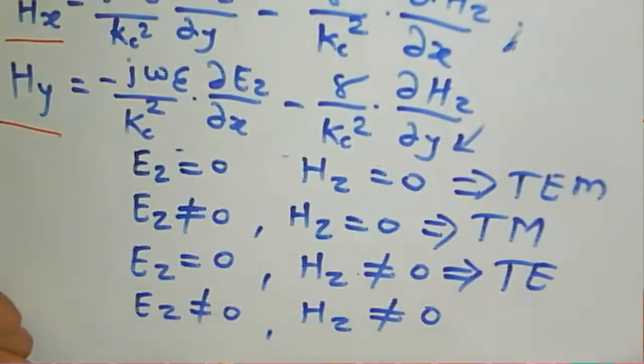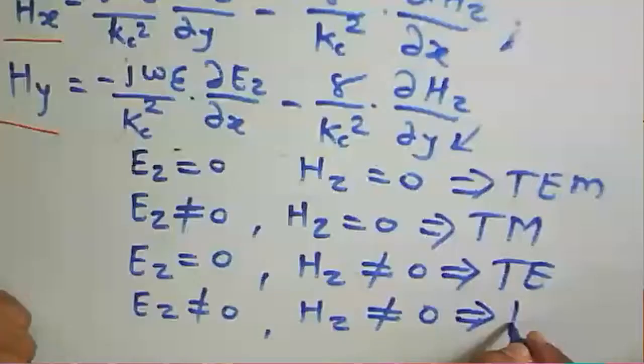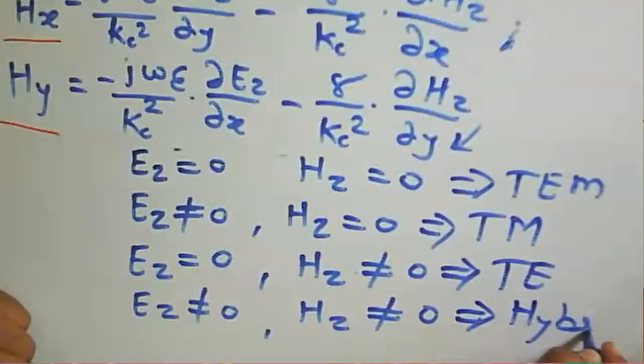So it means there is a field existing in the waveguide, and that particular wave is propagating through the guide. It is generally called a hybrid wave or a mixed wave.